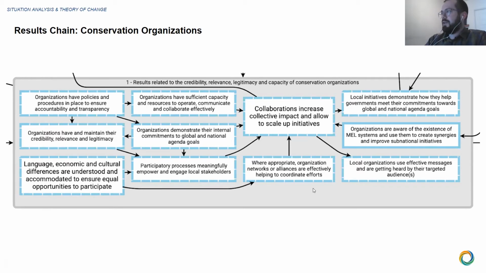When appropriate, set up organization networks or alliances to effectively help coordinate efforts so that more people are working together on similar initiatives. This would lead to the ability to scale up initiatives, and again, to help governments make progress on their international commitments.